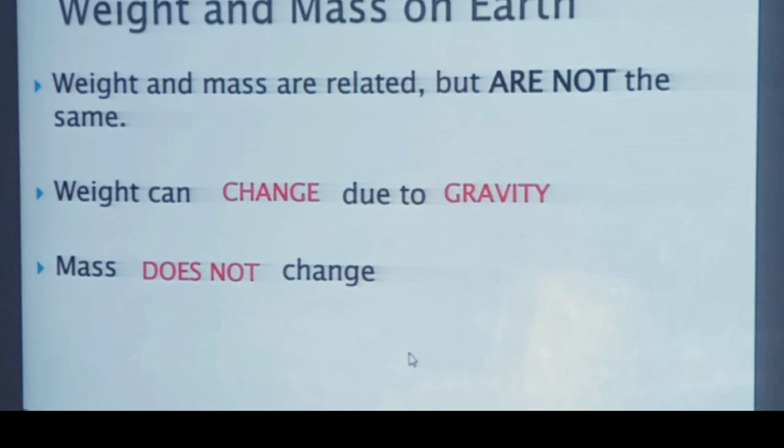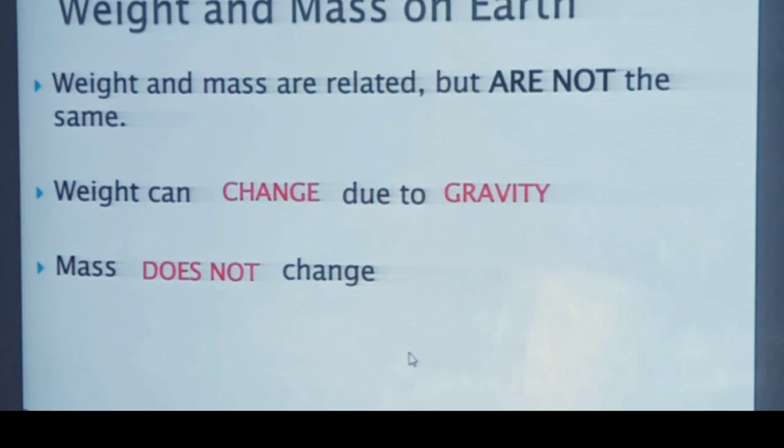The third difference: the mass of a body always remains constant wherever you take it, on the surface of the Moon, on Jupiter, on the surface of the Earth. Whereas the weight of a body varies from place to place with respect to altitude. Because weight is the product of mass and gravitational field strength, that is W = mg.